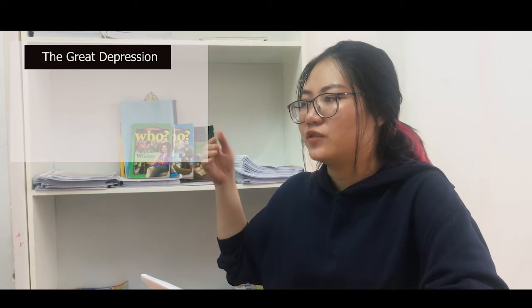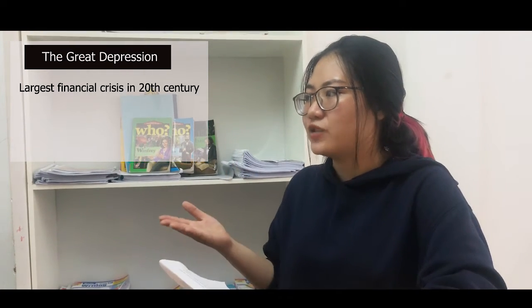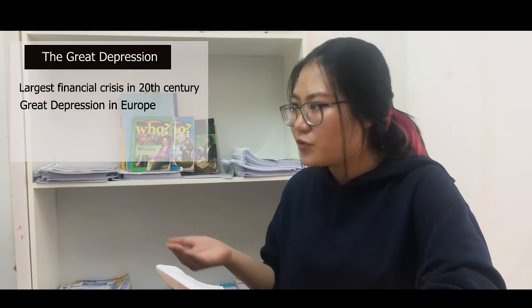Okay, one of the most highlighted events in that period of time may be the Great Depression, and together with the 1929 stock market crash, it was the largest financial crisis of the 20th century, and led directly to the Great Depression in Europe.